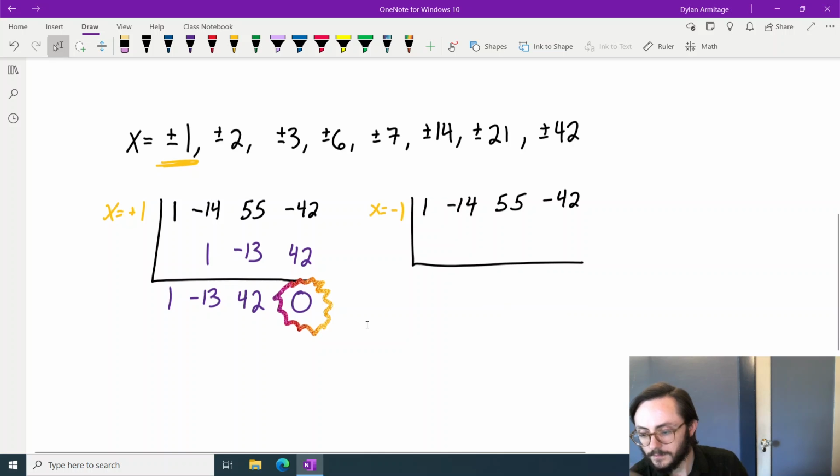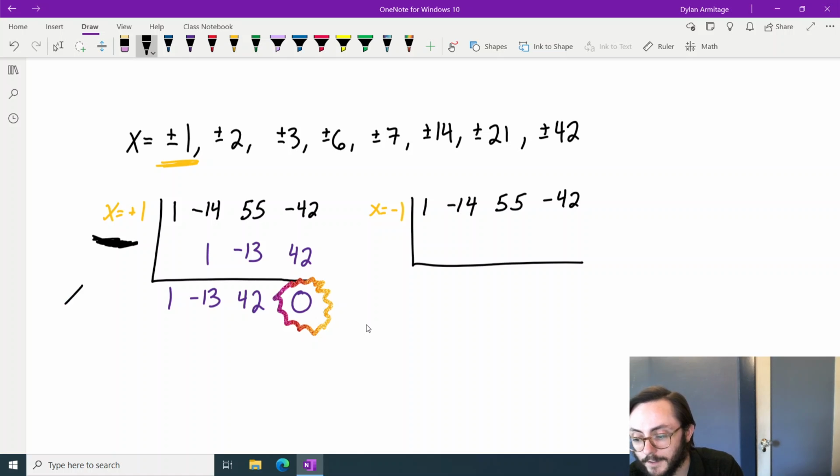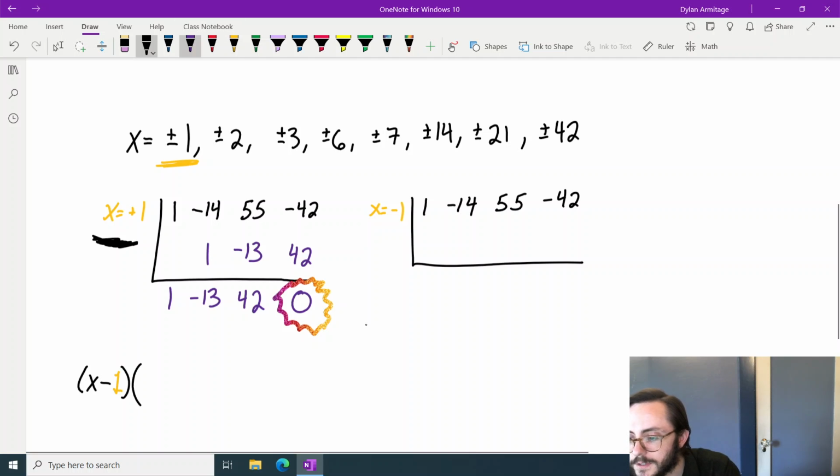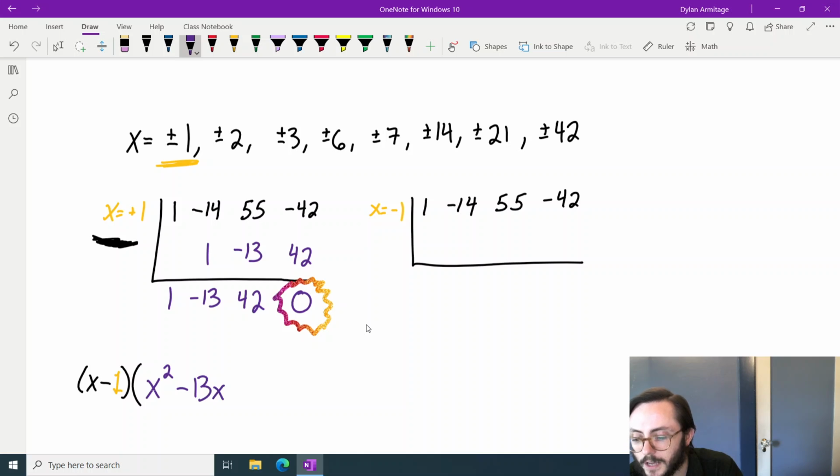We already have this x equals positive 1, that 0 there, which means that we have a factor of the original polynomial as x minus 1 times x squared minus 13x plus 42.